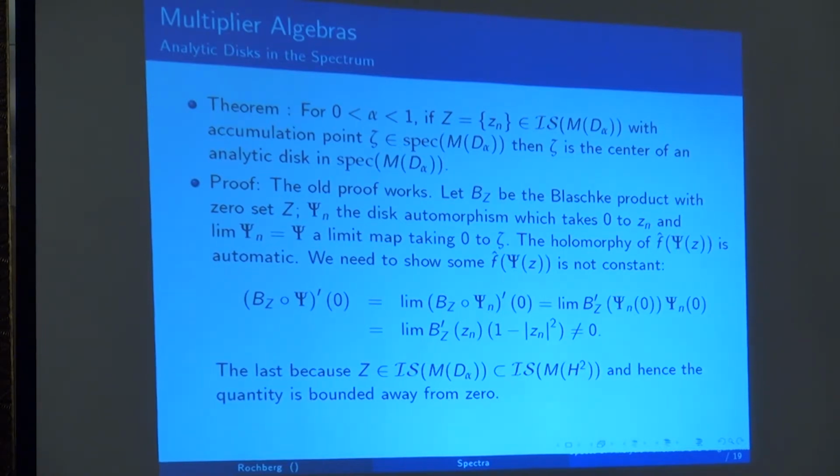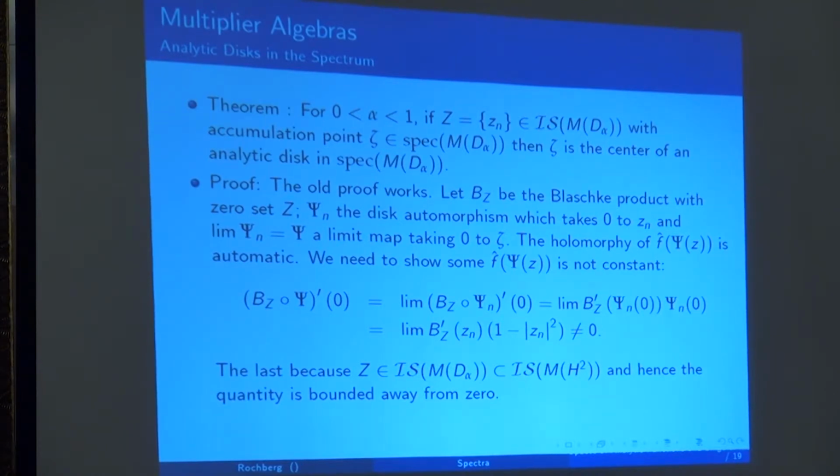And I compute by the chain rule the derivative at the finite points, and I find I have to evaluate b prime at z_n and multiply by 1 minus mod z_n squared. And I'd like to know that limit is not 0. By the Carlson measure condition for the interpolating sequence, we have an interpolating sequence for this generalized Dirichlet space.